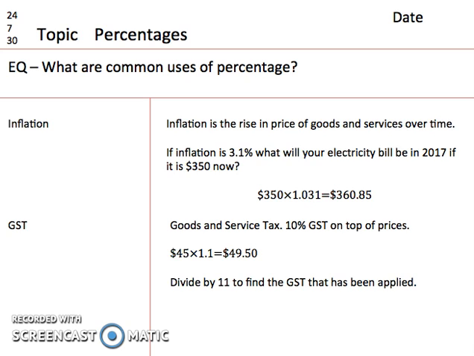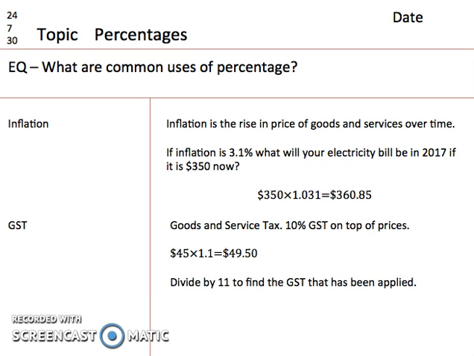Another problem we see regularly where we use percentages is GST. At the moment in Australia we have a 10% goods and services tax which is put on a number of items, and this is a form of tax that we pay to the government at the supermarket checkout or when we pay for a service.